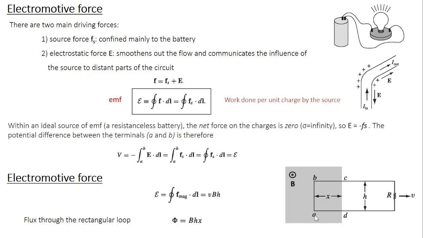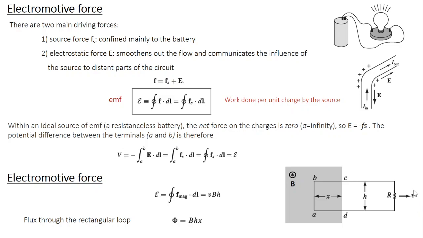So the sides AD, AB and BC are exposed to the magnetic field. So these sides are going to experience a magnetic force. Now let's take the side AB. The charges in the side AB are moving towards the right with velocity v.